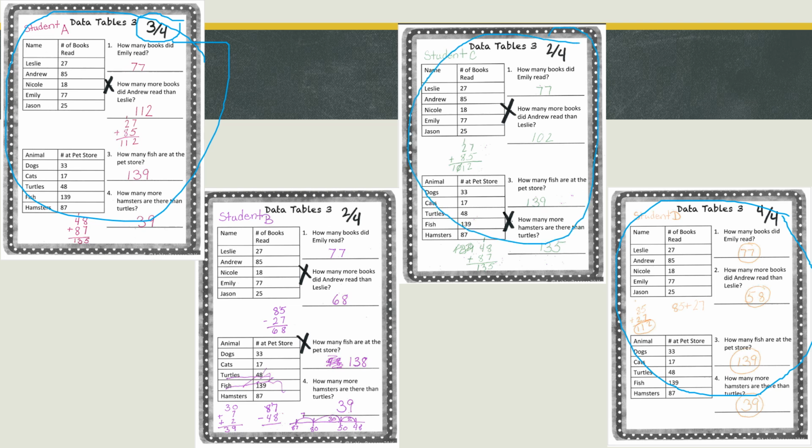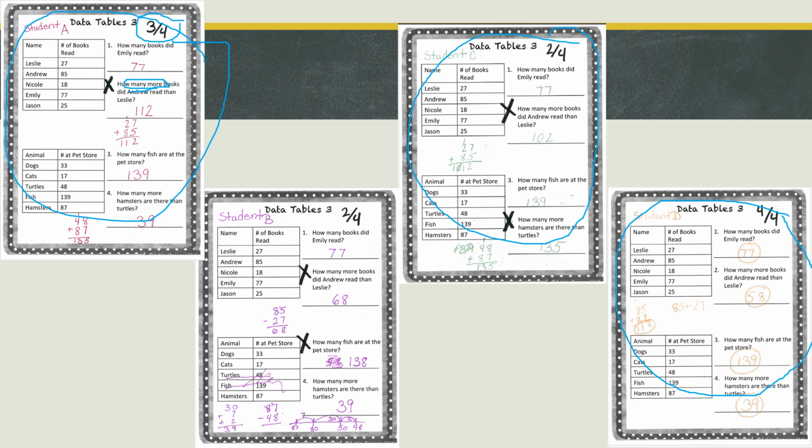Now, the reason that I would pick those is because it was very clear to me while I was evaluating them that they had a mathematical reasoning or problem-solving misconception. They didn't understand that "how many more" was referencing that I was going to take one number and subtract it from another number.